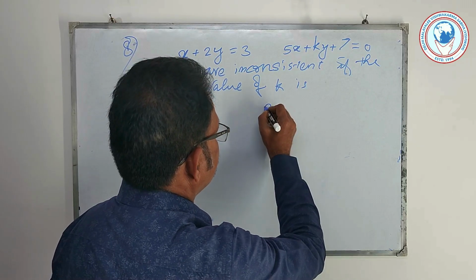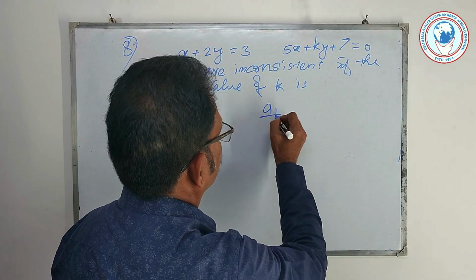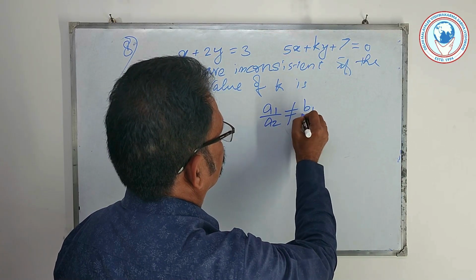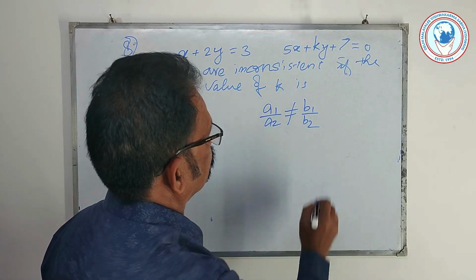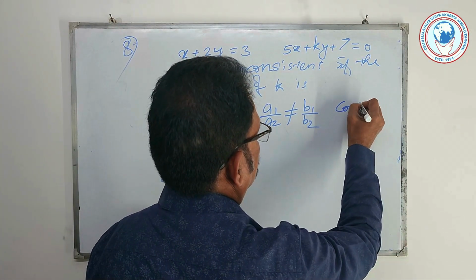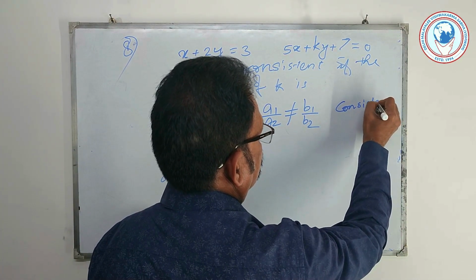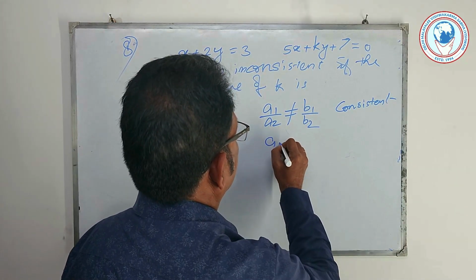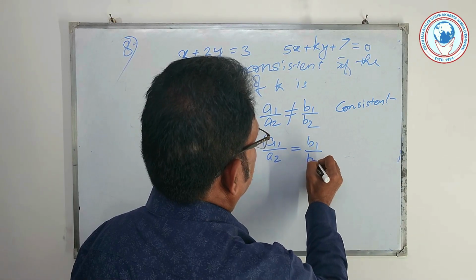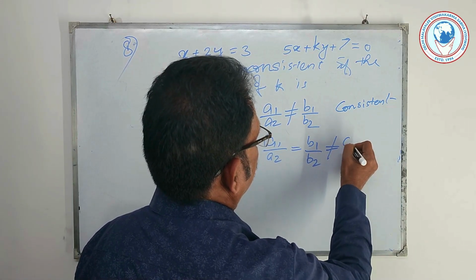Equation is inconsistent, say, this is consistent if a1 by a2 equal to b1 by b2 but not equal to c1 by c2.